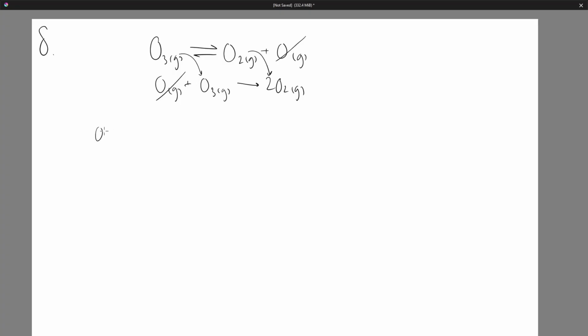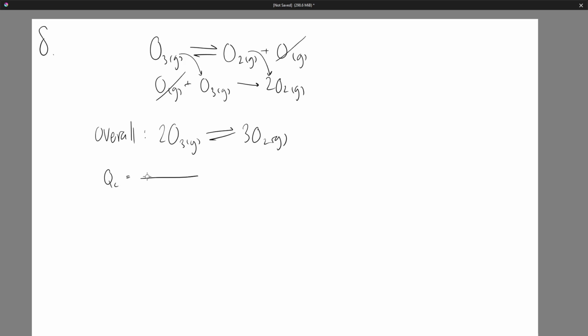So our overall is 2O3, or ozone, makes 3 oxygen gas. Okay, so there's 6 oxygen, 6 oxygen, that's good. Now for the overall QC.